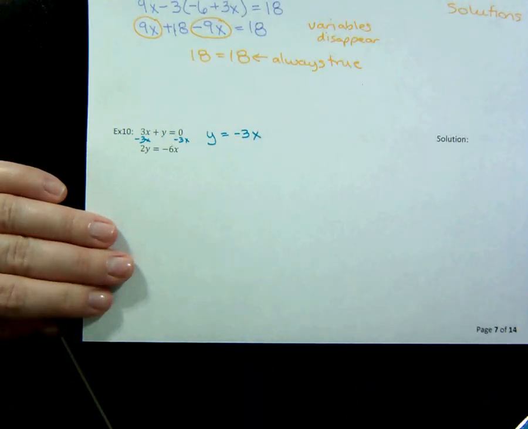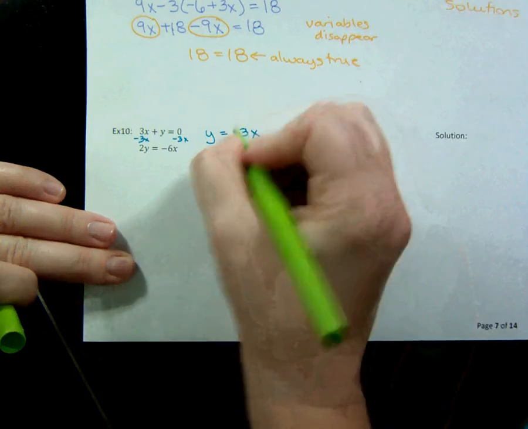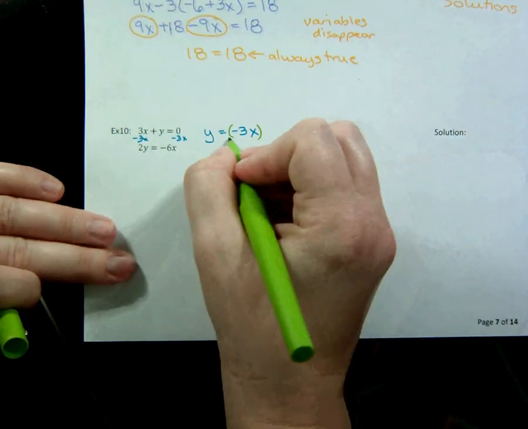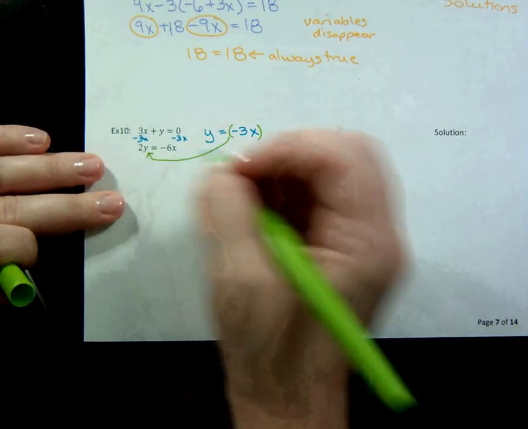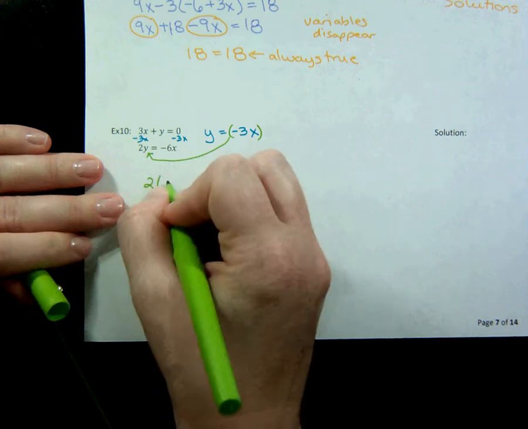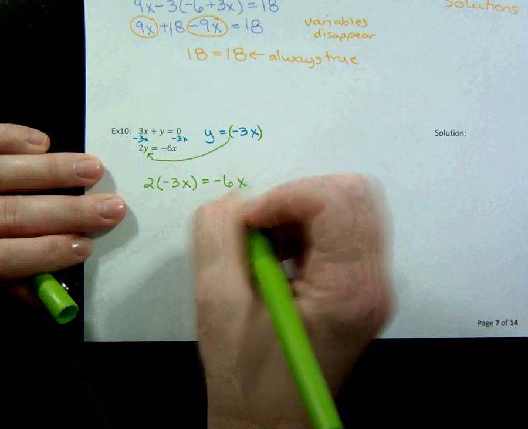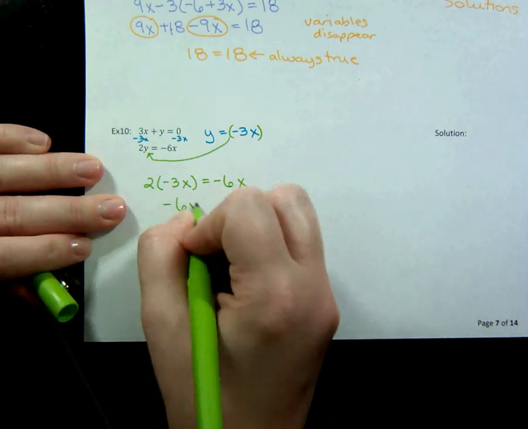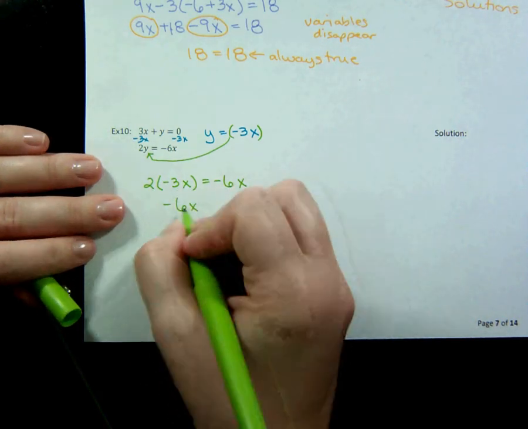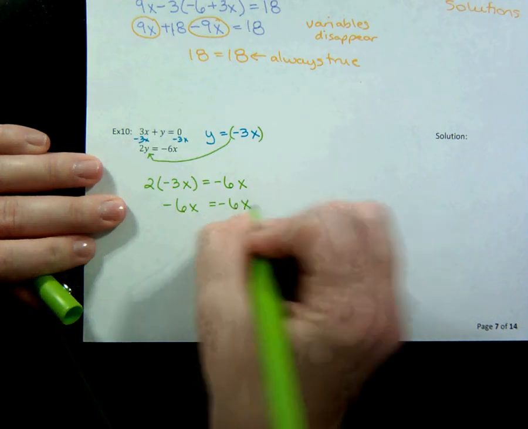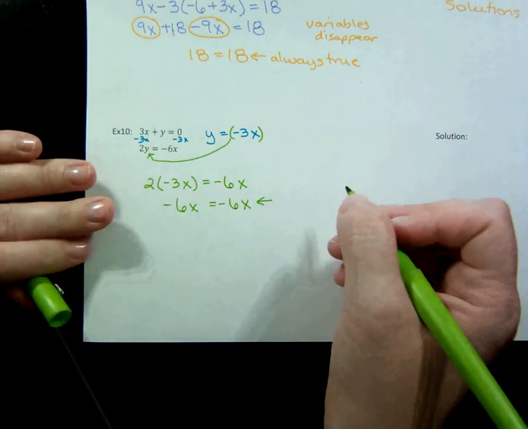Now we can make the substitution. So we're going to take that negative 3x and we're going to plug it in where we see y in the second equation. We have 2 times negative 3x equals negative 6x. And again, you get something that's always true.